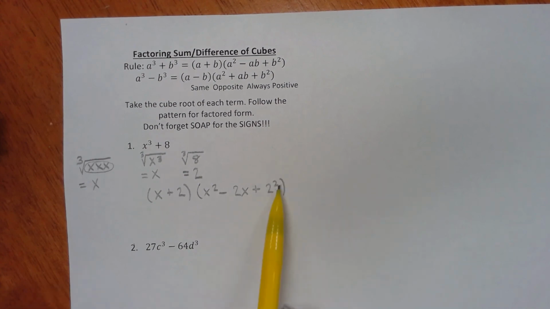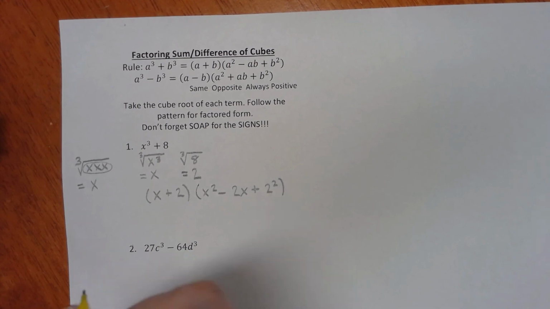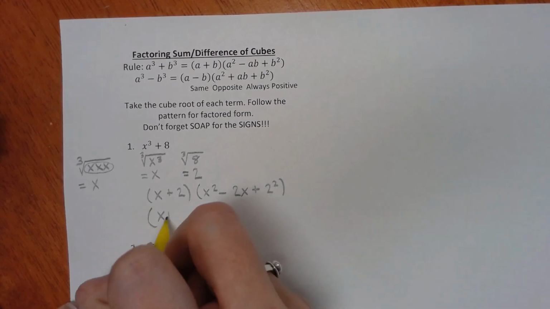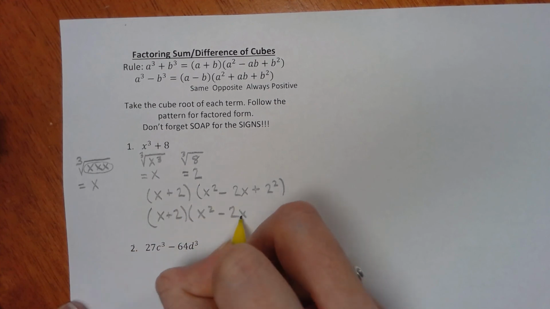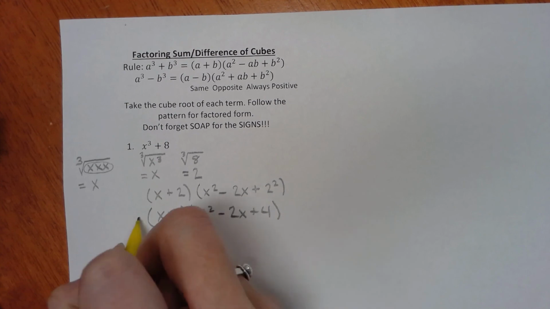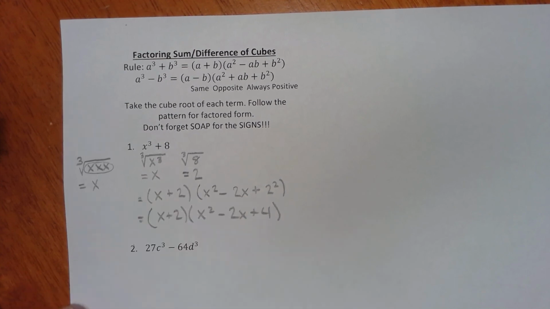Of course, 2 squared is 4, which we will now simplify. So x plus 2, x squared minus 2x plus 4 is the factored form.